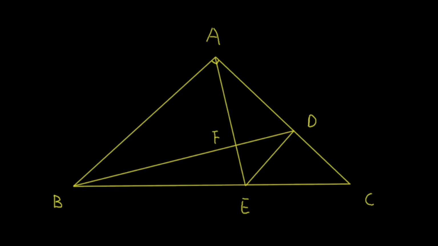Okay, so let me do this. This is 90 degrees. Since this angle here is 45 degrees, and we said that this angle here is also 45 degrees, right? So 45 degrees. What does it mean to this angle here? This is also 45 degrees.